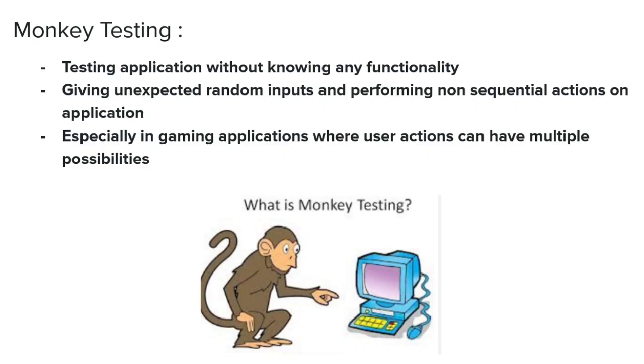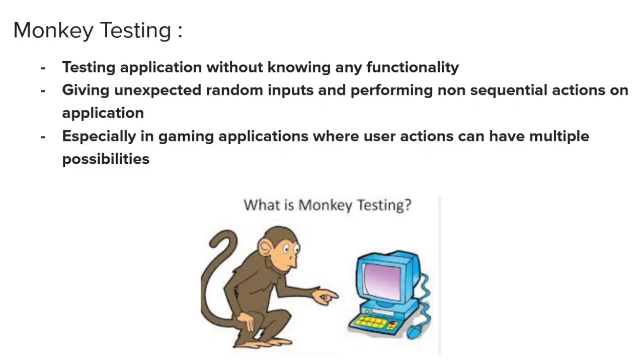This is most often the case in gaming applications, where user actions can have multiple possibilities. Whenever any end user is playing a game on mobile, he can do any type of action on that application. So during monkey testing we have to check whether performing such random actions will cause any problems, because while playing the game there can be multiple possibilities.